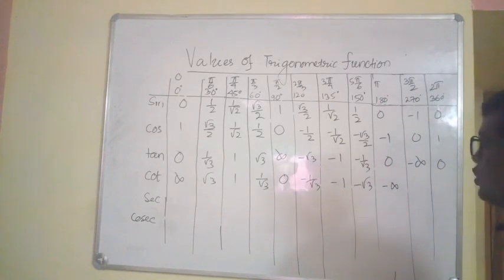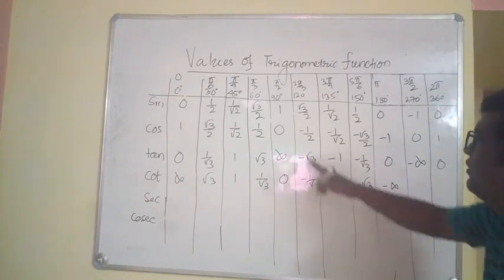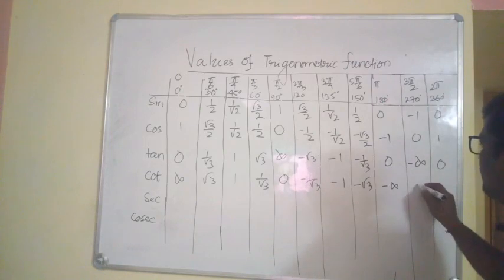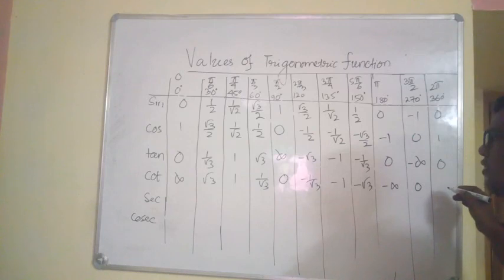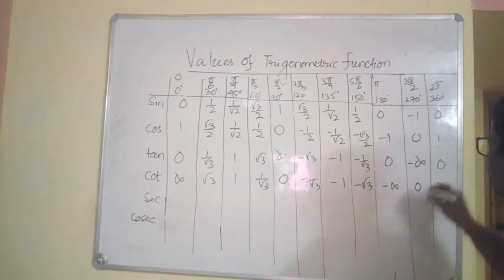And cot 270, that is 0, multiple of pi by 2, cot 0, and this is cot 2 pi infinity, right?